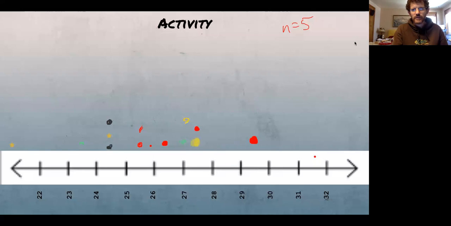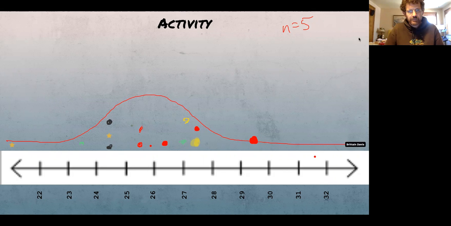Okay, so now that we've added the dots from our n equals 5, what we can do is we can see, even with this, it should be clear enough that we are creating something that appears to be a normal distribution. Now, this is only a few of the possible samples we could have taken.